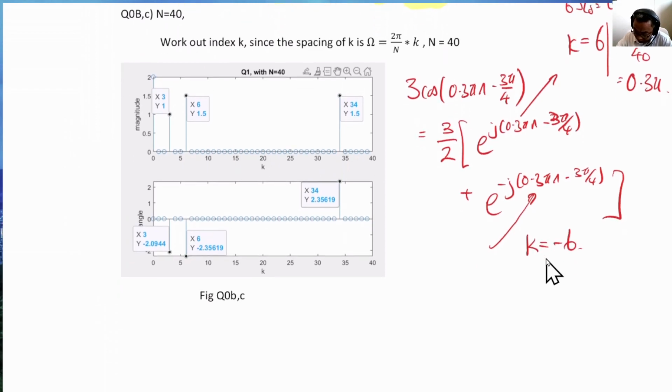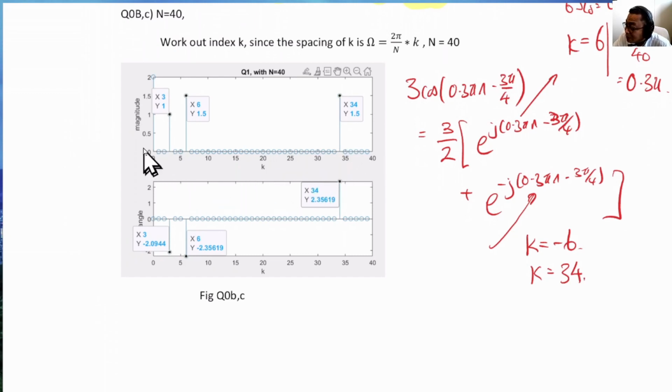But alternatively, k equals to minus 6 is the same because it is 40 samples periodic. K equals to minus 6 is actually minus 1, minus 2, minus 3, minus 4, minus 5, minus 6. So it is at k equals to 34. How do I know this? K equals to 0 is the same as k equals to 40. K equals to 1 is the same as k equals to 41.